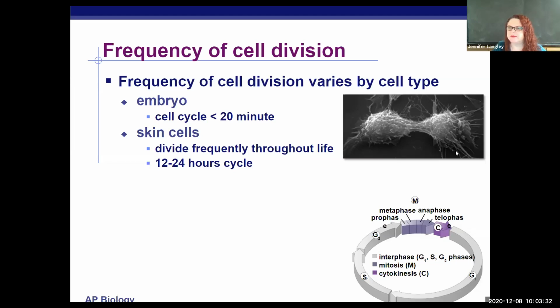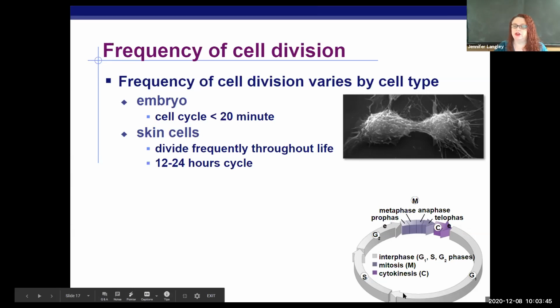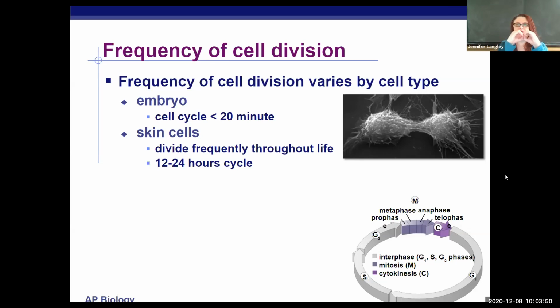Question was asked, since cells become smaller when they divide, does that mean that there are different cell sizes in the body? There are, however, with animal cells, remember that our first step in our interphase was growth. So it will divide and be smaller for an animal cell, but then during that first G1, that first phase, they grow back up to what would be normal size.